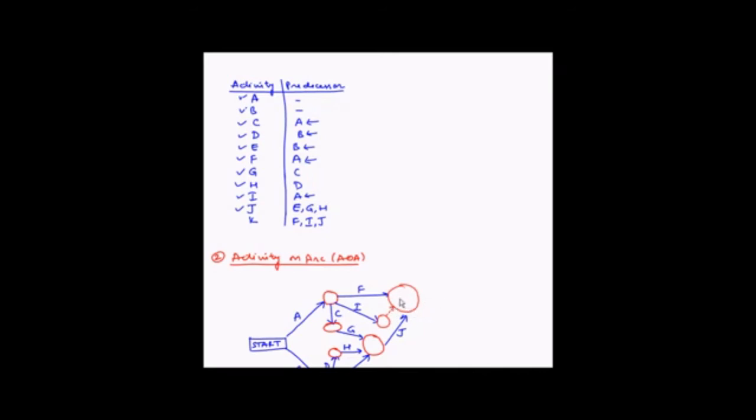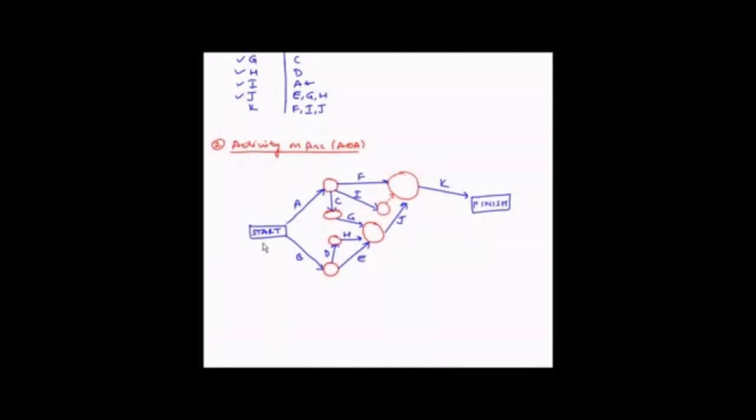So what this would mean is that the activity K is dependent on the completion of F, I and J, and also at the same time F and I are not starting from the same node and ending at the same node. So K will be like this, and since K is not a predecessor for any of the activities, K will end up in the finish box.